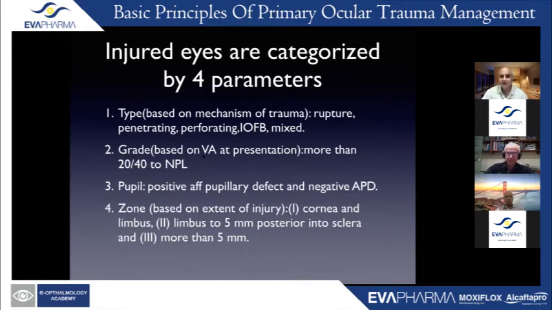We grade the injured eye based on visual acuity at presentation. So it's very important to document this, not only for the prognosis, but also for medico-legal importance. Don't avoid doing this. Pupil: if we can see the pupil, it's very important to report on it, and the zone of injury.